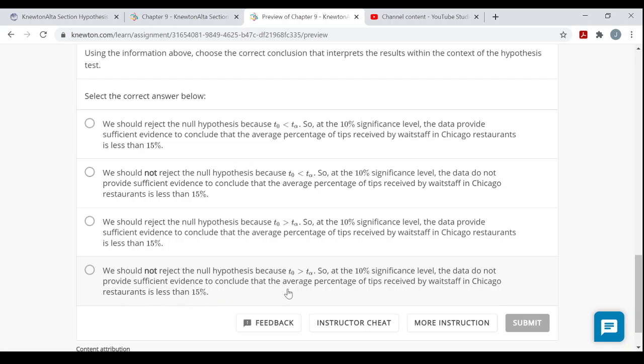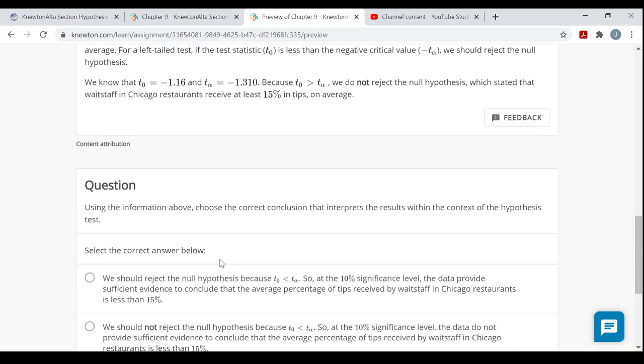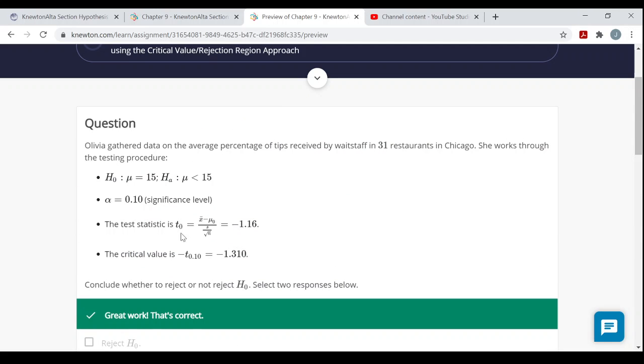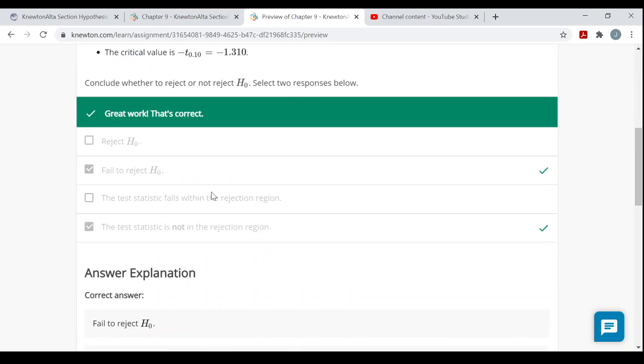And that's what I was saying earlier. If you're not rejecting the null, if you're keeping mu equals 15, that means you're not supporting mu is less than 15. So you'd say that there's not enough evidence to show that the average is less than 15%.